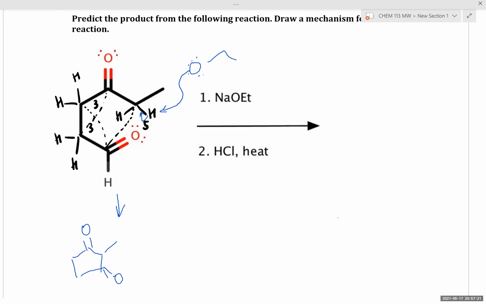Let's not skip a step, but you are on the right track. Let's just show the first deprotonation step. Let's just show our enolate. You are correct that we'd eventually see condensation, but let's just show that once we deprotonate that alpha position, that gives us an enolate.